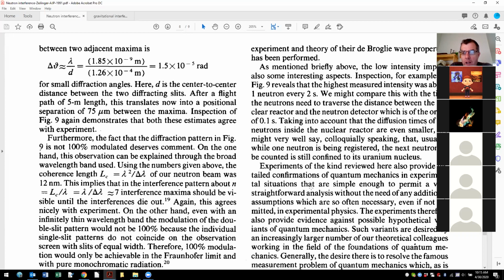The next neutron has not even been emitted. And so this really kind of forces us to think about the wave function as a very real thing that exists independently of the particles. And that is also something that you can talk about in Bohmian language. Bohmian language provides a natural framework for talking about that. Questions?